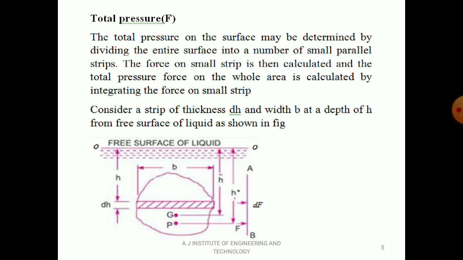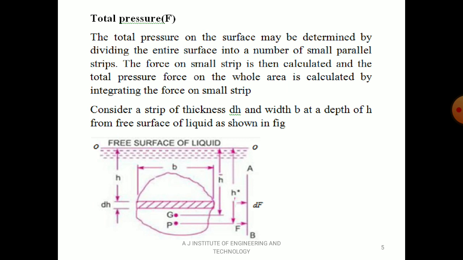The total pressure force F on the surface may be determined by dividing the entire surface into a number of small parallel strips. The force on a small strip is then calculated, and the total pressure force on the whole area is calculated by integrating the force on the small strip. So for deriving the expression for total pressure force F, divide the random shape or random area into n number of small strips.